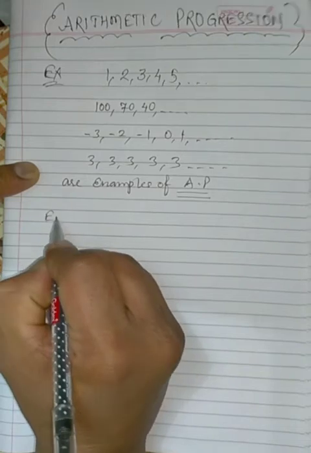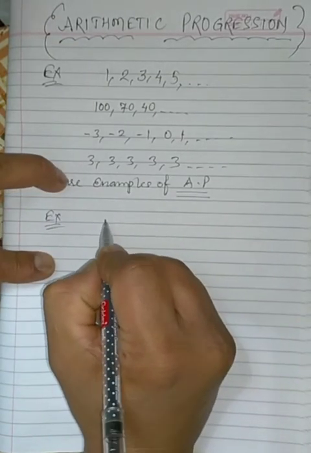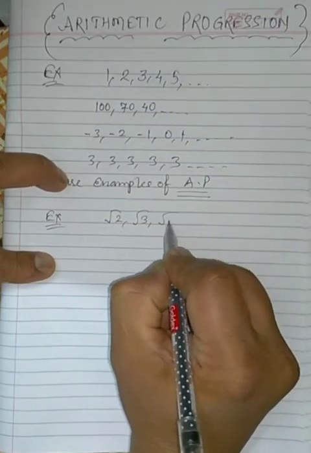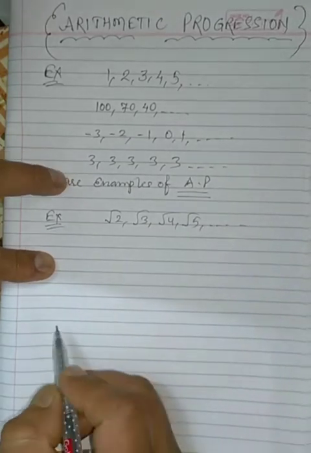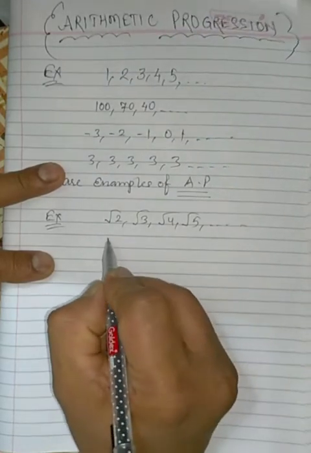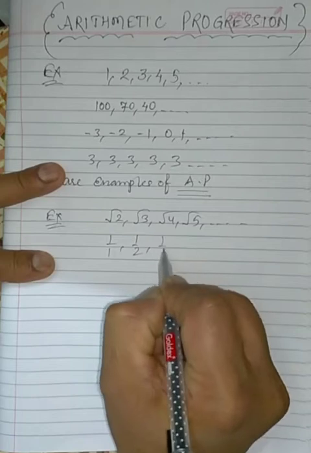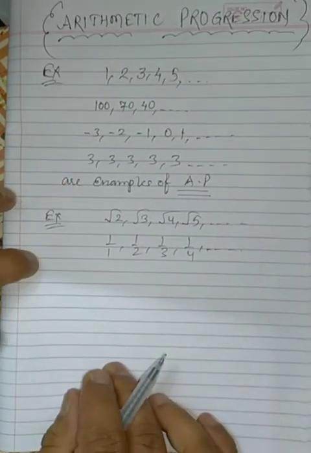Now look at some more examples here, like under root 2, under root 3, under root 4, under root 5, and so on. Okay? Or 1 by 1, 1 by 2, 1 by 3, 1 by 4, and so on.